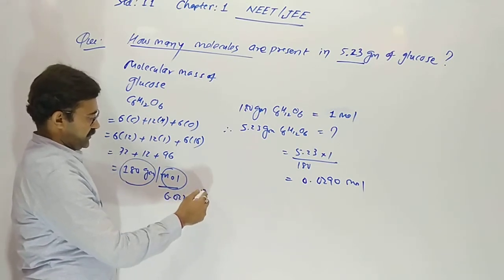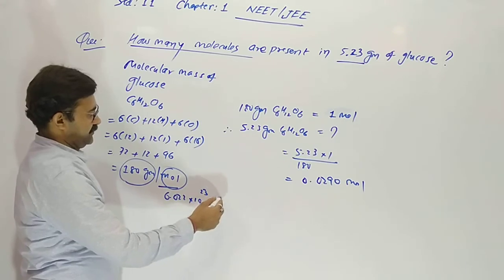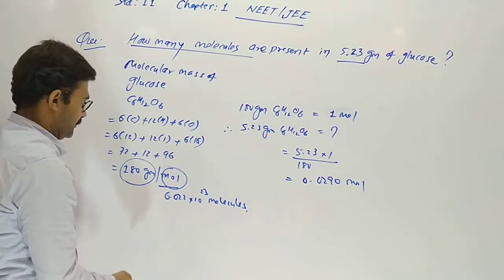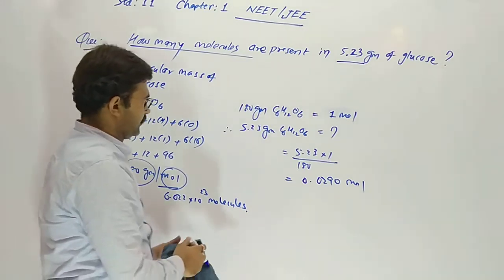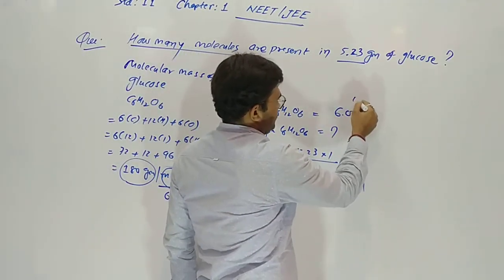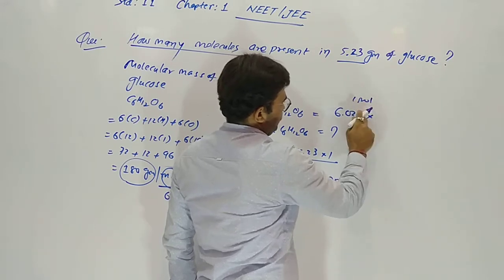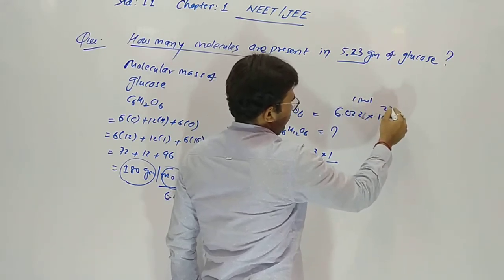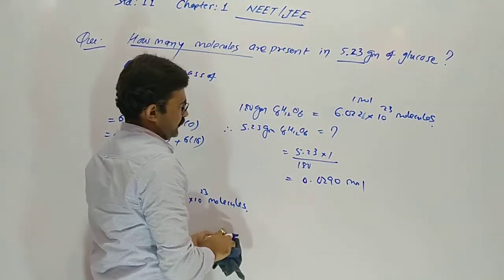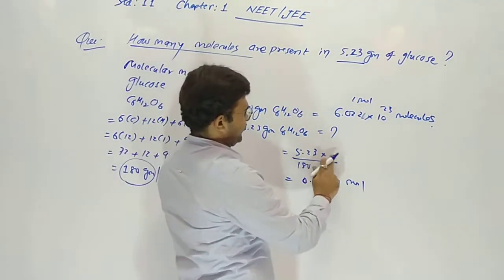6.022 10 raised to 23 molecules, shortcut. So 180 gram equal to 1 mole means 6.022 into 10 raised to 23 molecules. So at 5.23 gram, how much?